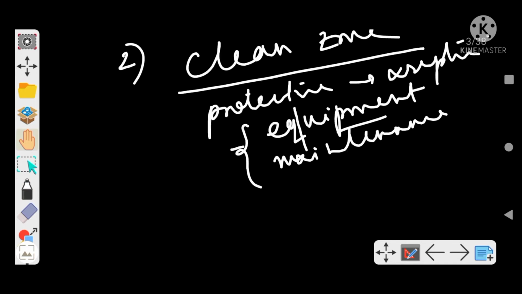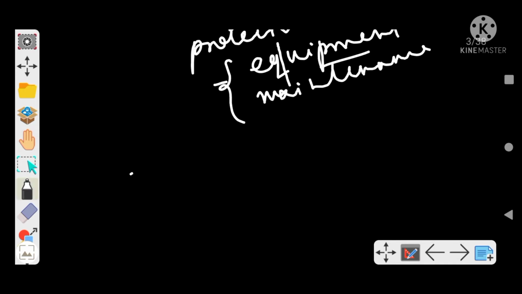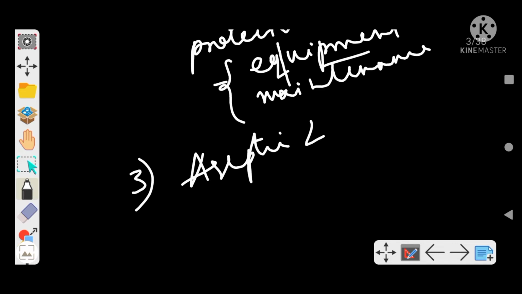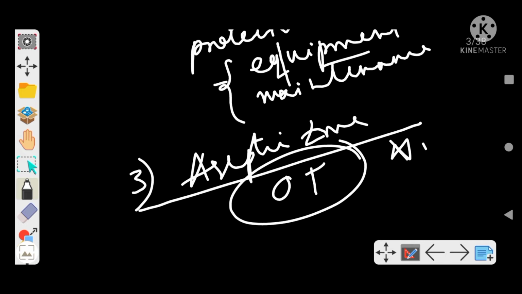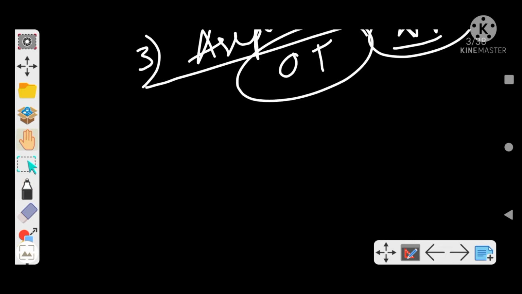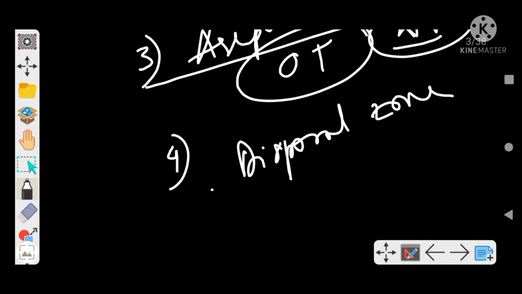Okay, so next we will meet the aseptic zone. Aseptic zone, it is this zone where OT is performed, right? And at last we will meet disposal zone, right?